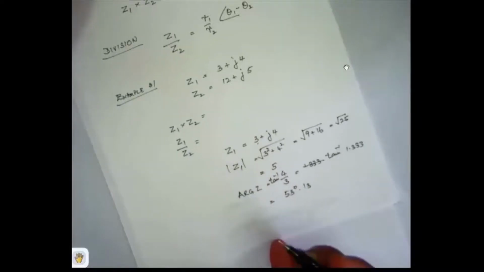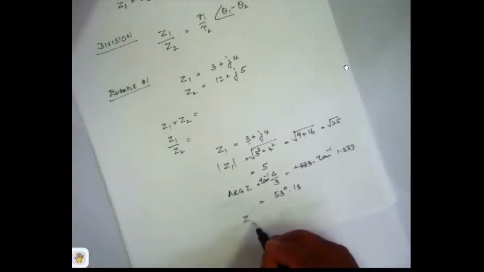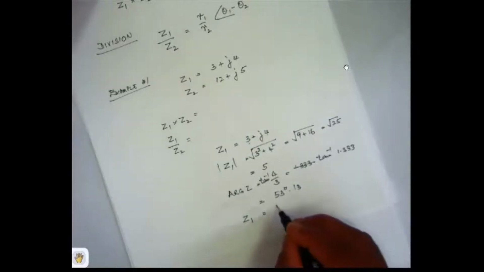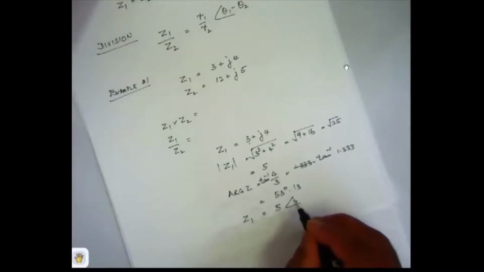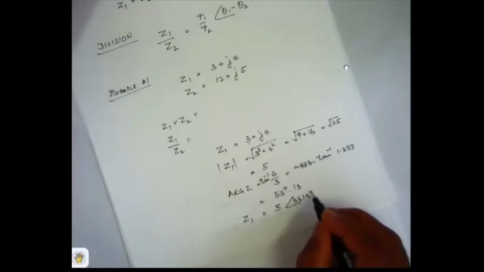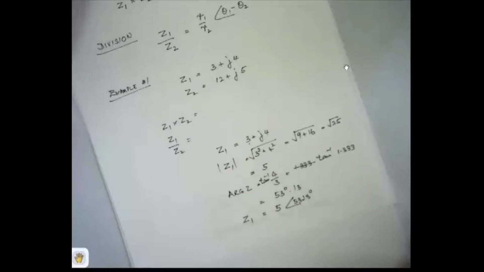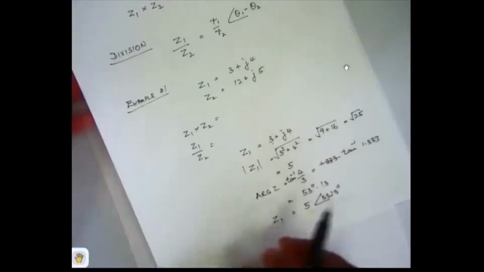So our first complex number Z1 can be represented in polar form as 5 angle 53.13.